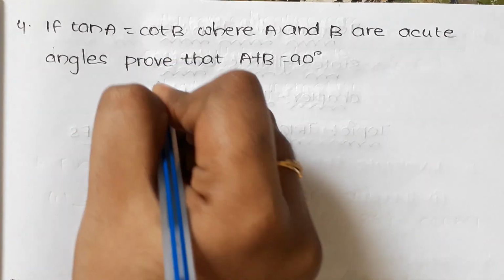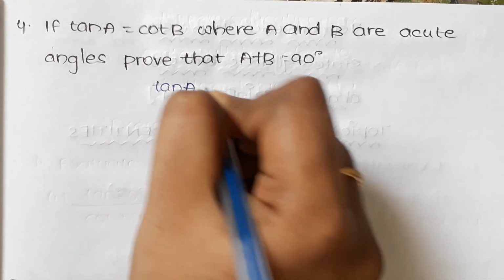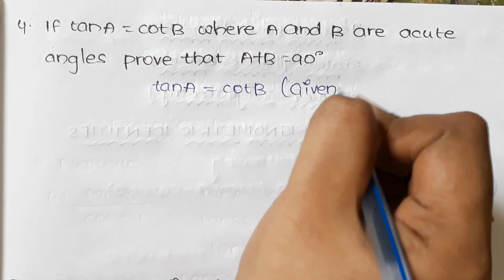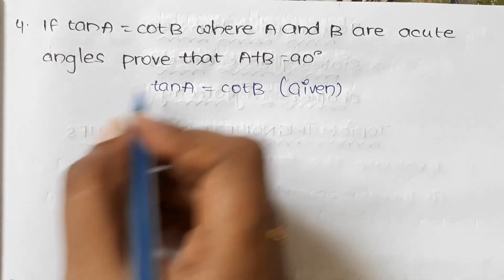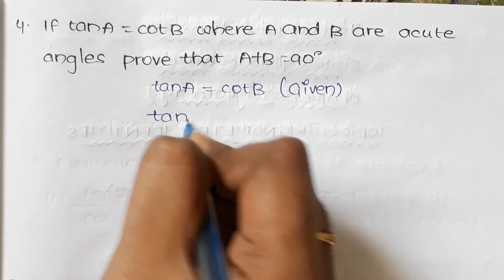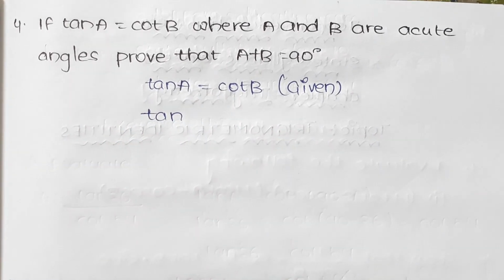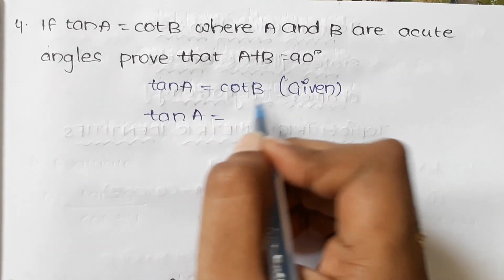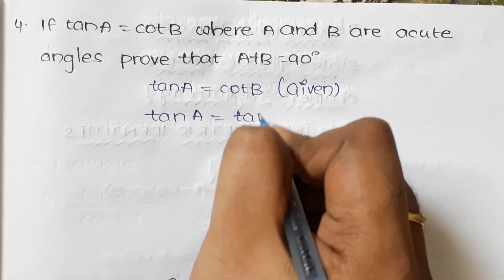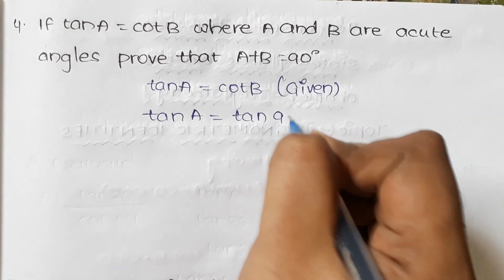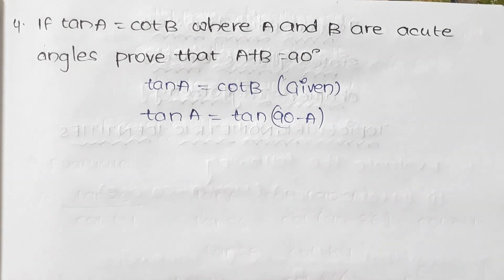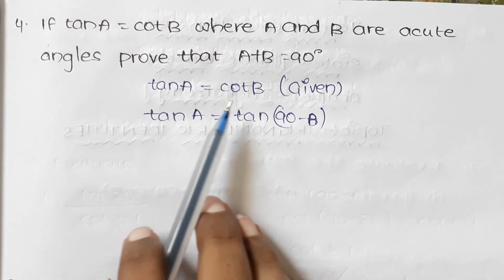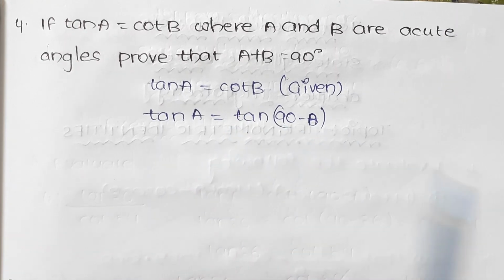Here given tan A equals cot B, and this cot B can be written as tan of 90 minus B.